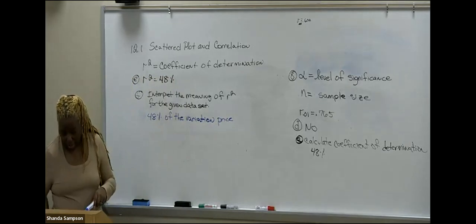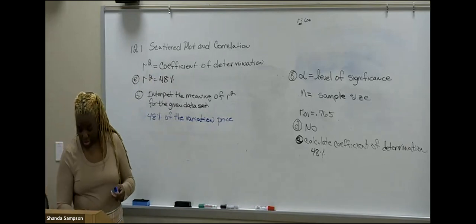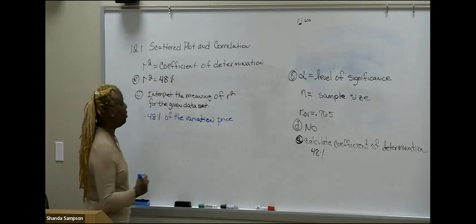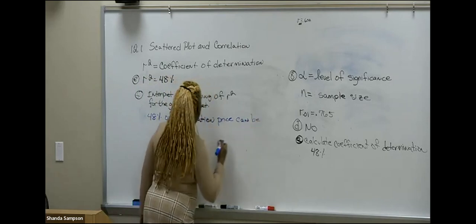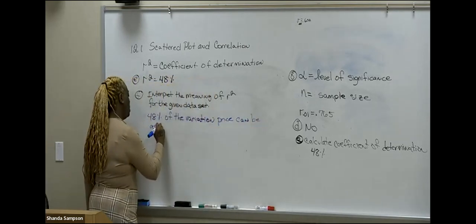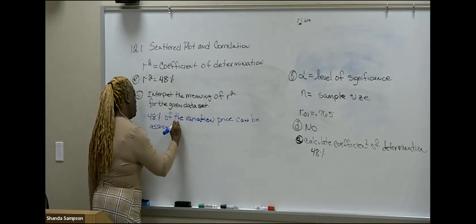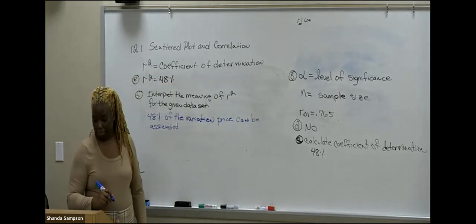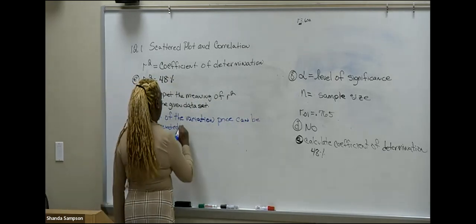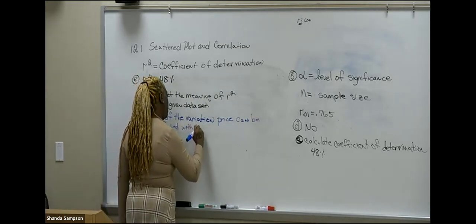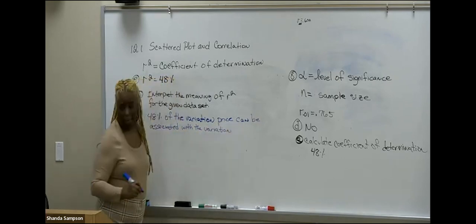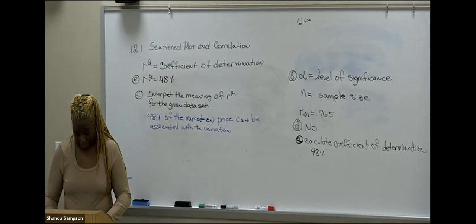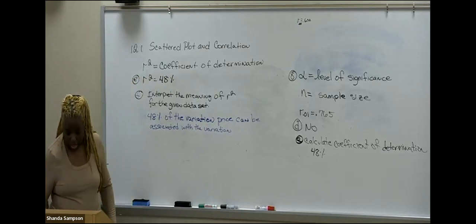What I would do is just copy what they said. So 48% of the price, or the selling price, can be associated with the variation in the number of bids.